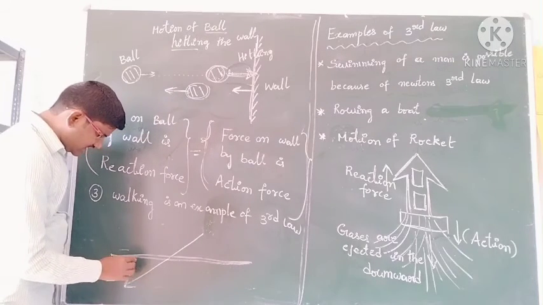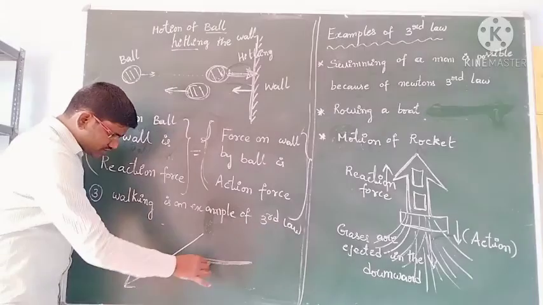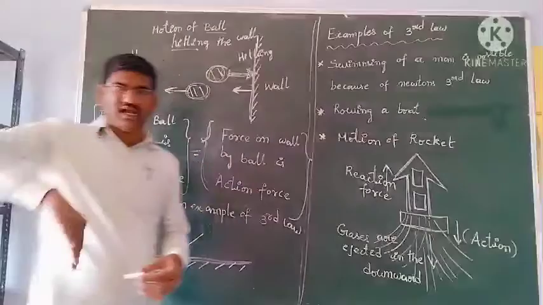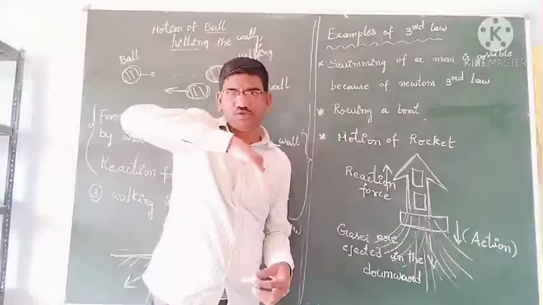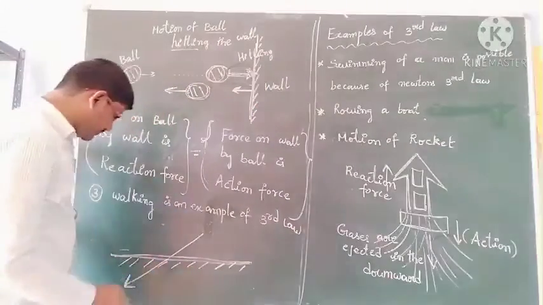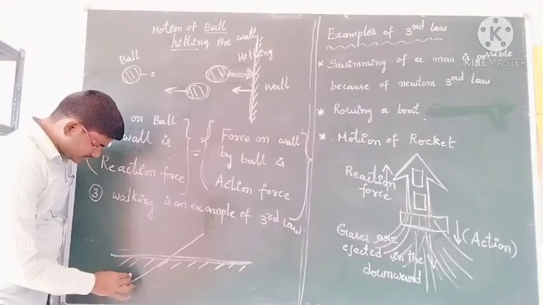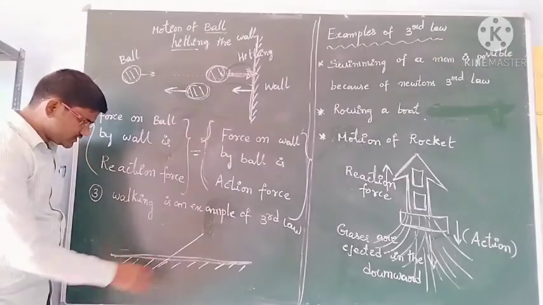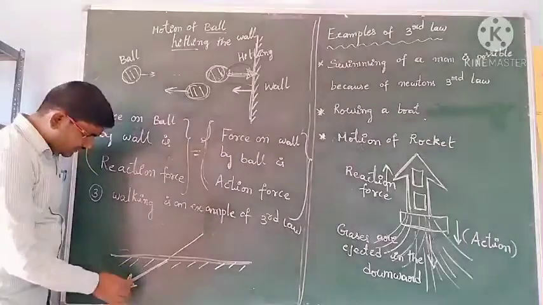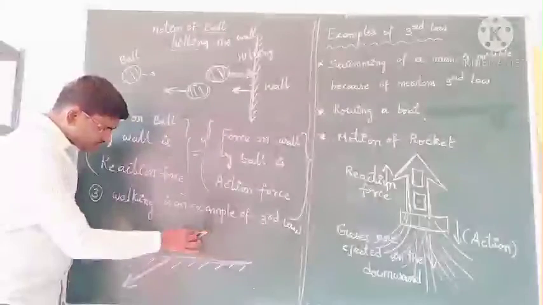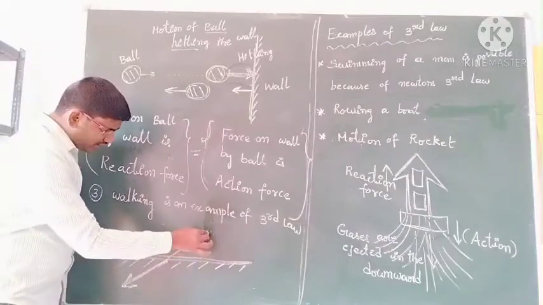So this is the ground, students. See, with a little slanting of the leg, we push the ground backward. Okay students, we are pushing the ground in the backward direction. The ground pushes you in the forward direction.